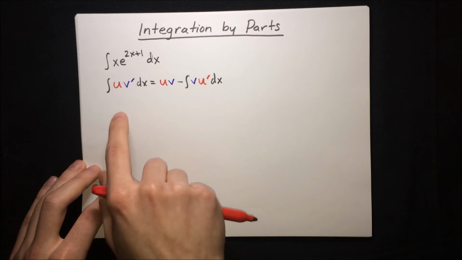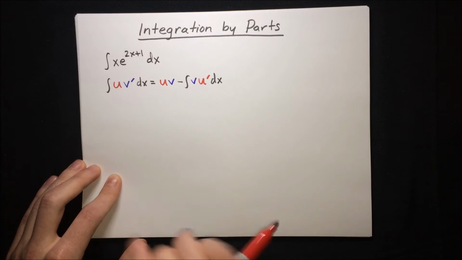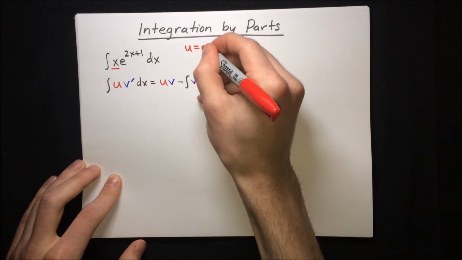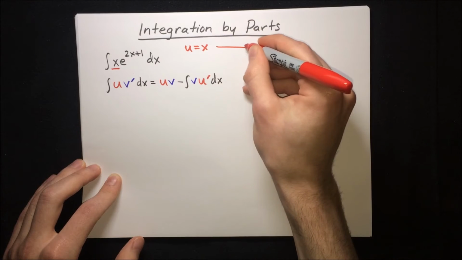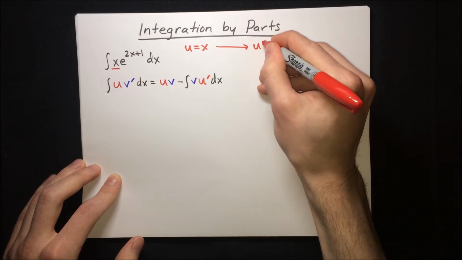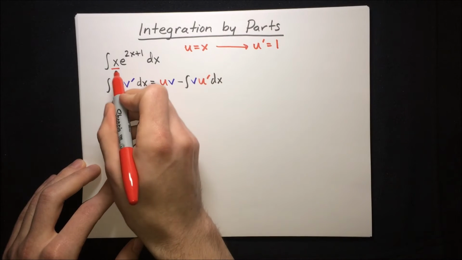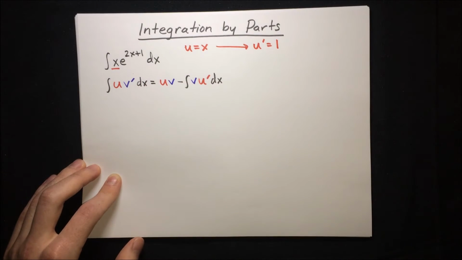So we need to differentiate one term and integrate one term. We're going to choose x as u, so u equals x. That way, when we differentiate here in the simpler integral, we get u prime equals 1. And then when this x term goes away, this integral will be a lot easier to solve.